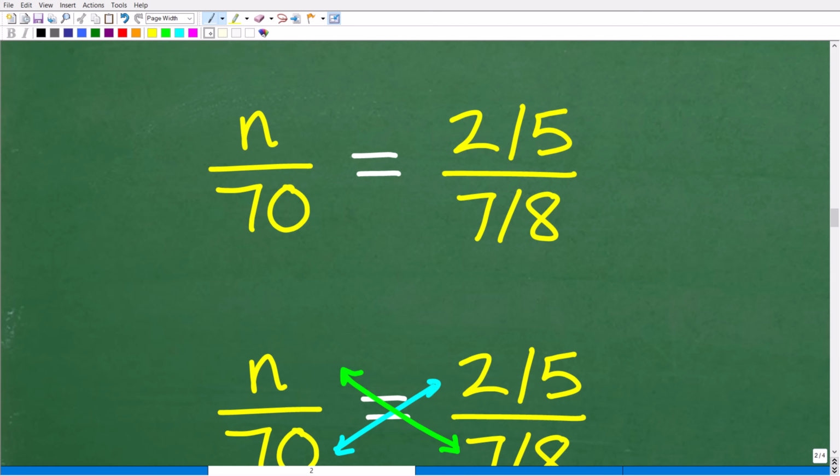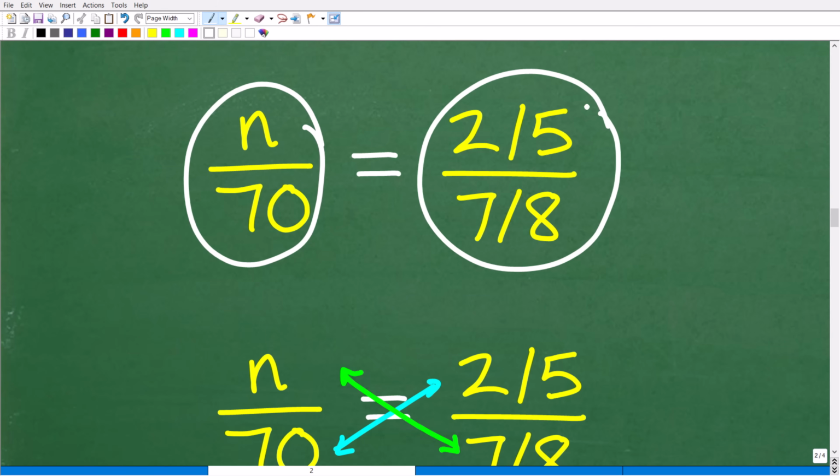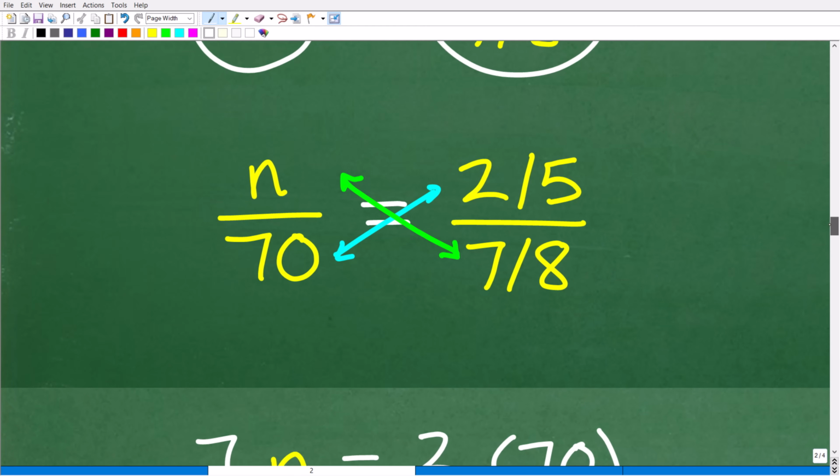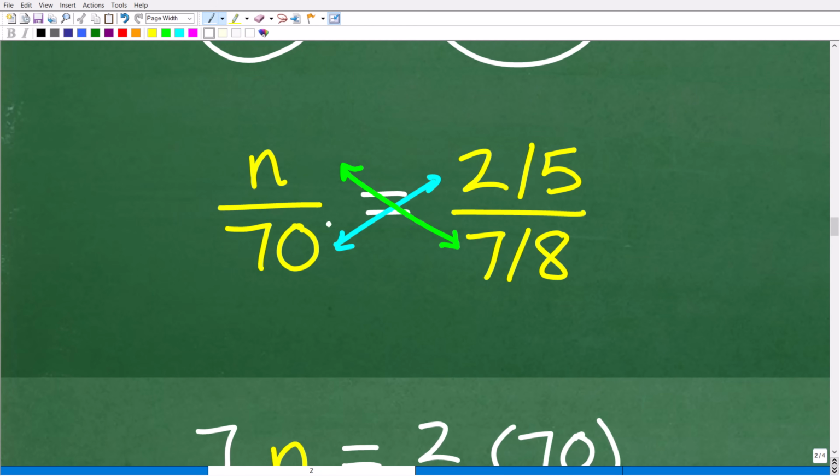Okay, so what do we need to do here? What we need to do here is recognize that we have one fraction that's equal to another fraction. So when you have a situation like this in math or in algebra, you need to be thinking, oh, proportions. Maybe we can use that cross product thingamajiggy to solve for n, and indeed you can. All right, so we're going to be using the cross product here.